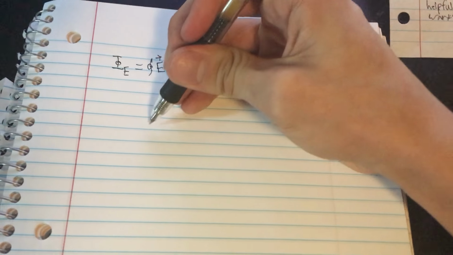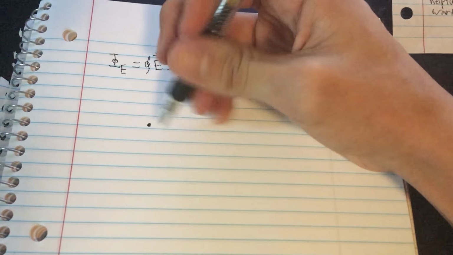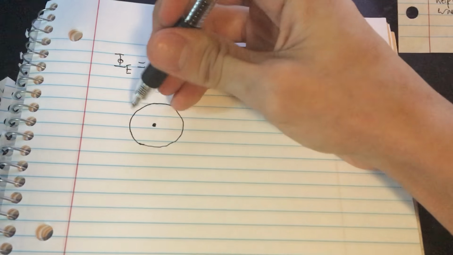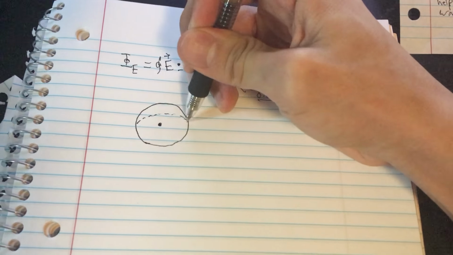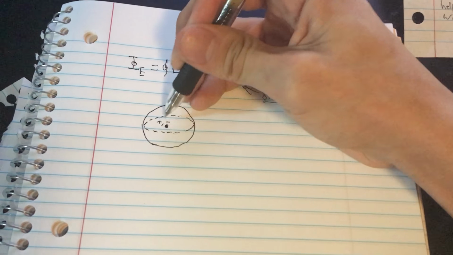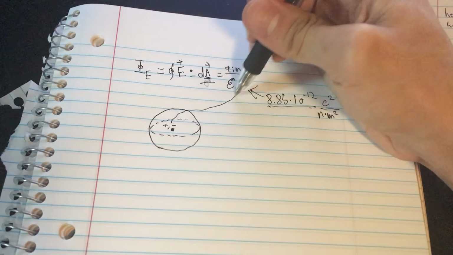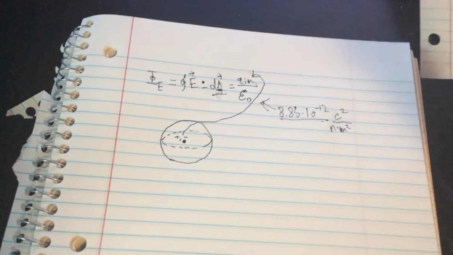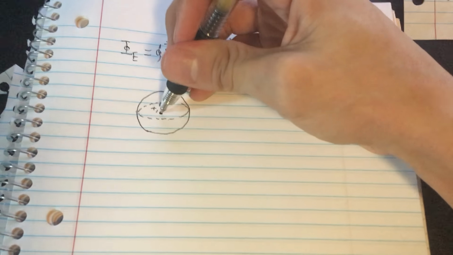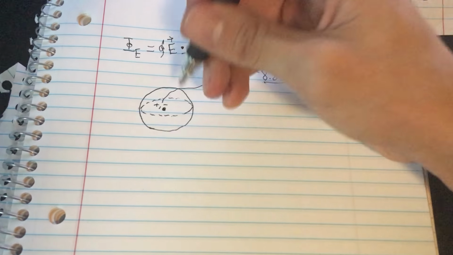Let's draw a shape. Gauss's law here applies to a 3D shape. Let's pick a nice shape like a sphere, a 3D sphere. So I'm drawing this point at the middle. We don't know, it could be a positive or a negative charge. That's the charge we want to find that's enclosed. Well, let's say we have some electric field lines, for example.